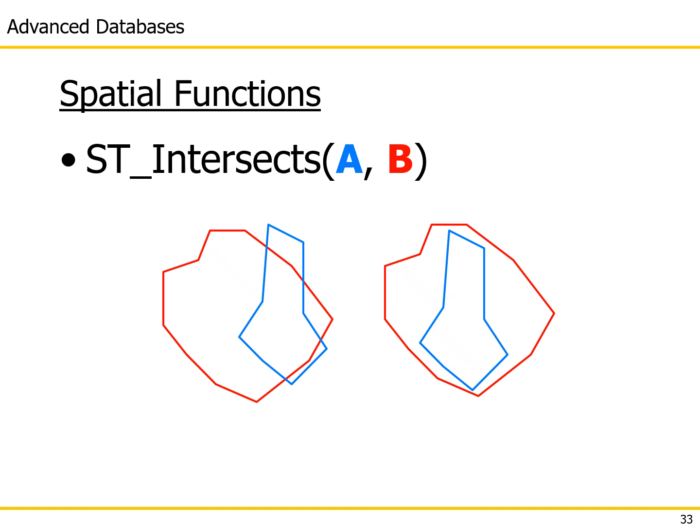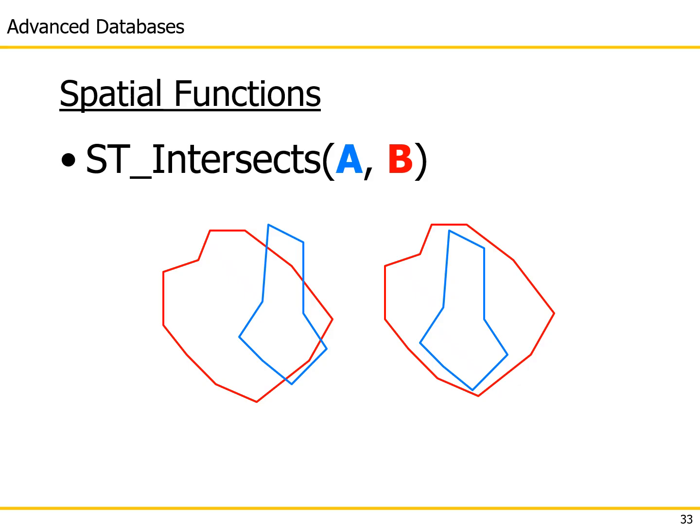So the first function we're going to look at, and by the way, all PostGIS functions start with ST underscore, is called the intersects function. This is again a spatial function. You give it two polygons, and it will tell you if the polygons intersect or not. Okay, so I'm again showing you here a review of these functions. So obviously here A and B you would be retrieving from some columns that you have in your table that are of a spatial type. And each one of them is actually a polygon, okay?